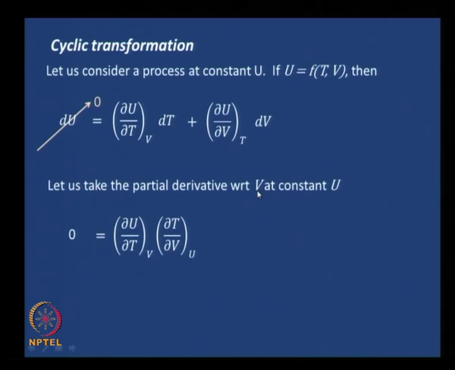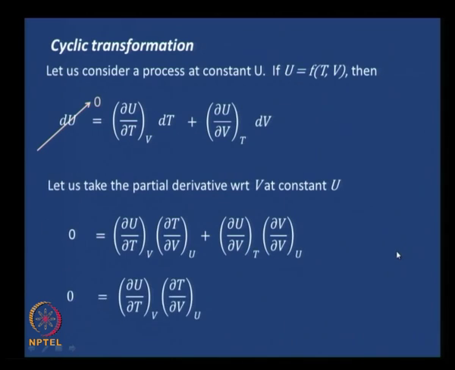Note that we are taking the derivative with respect to v at constant u, plus dou u dou v at constant t times dou v dou v at constant u. This of course goes to 1. So, that can be written as 0 equals dou u dou t at constant v dou t dou v at constant u plus dou u dou v at constant t, since this has gone to 1.